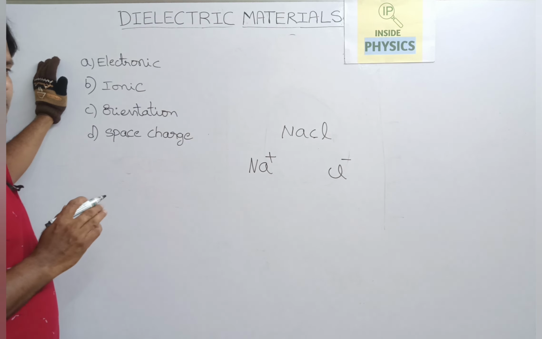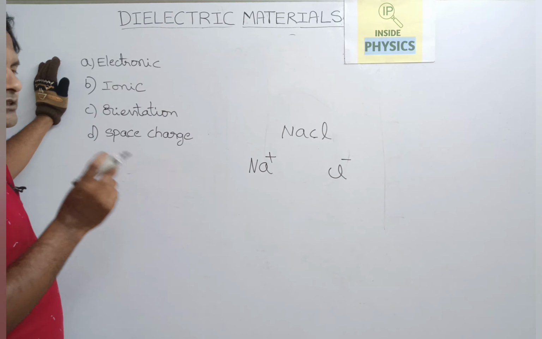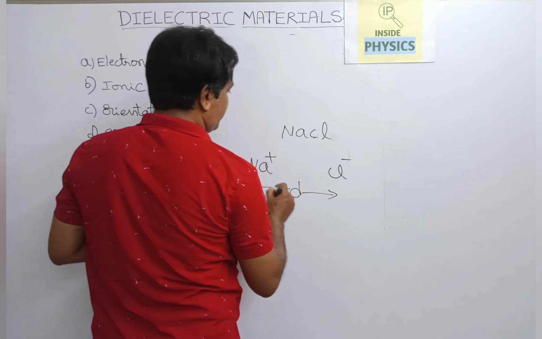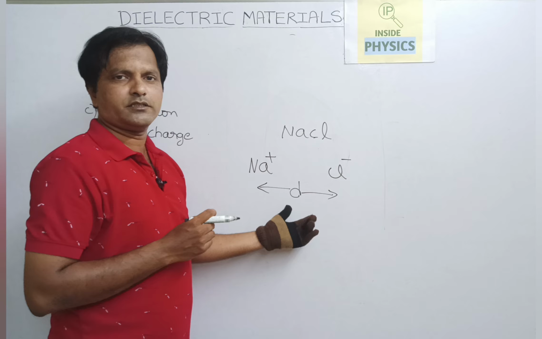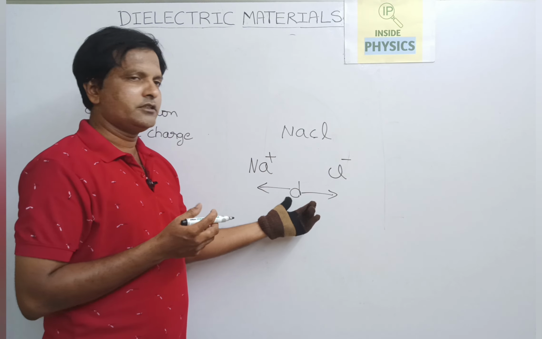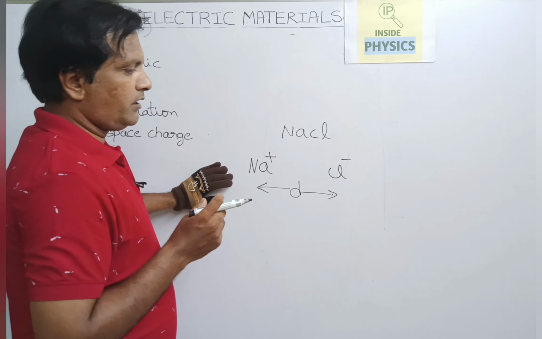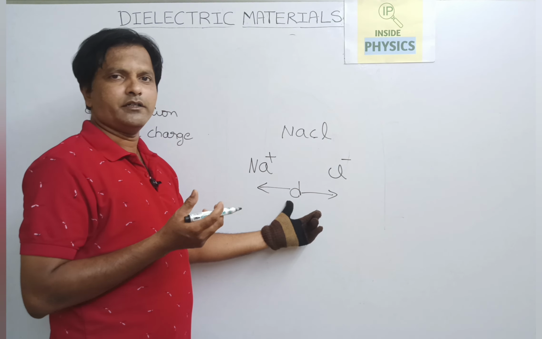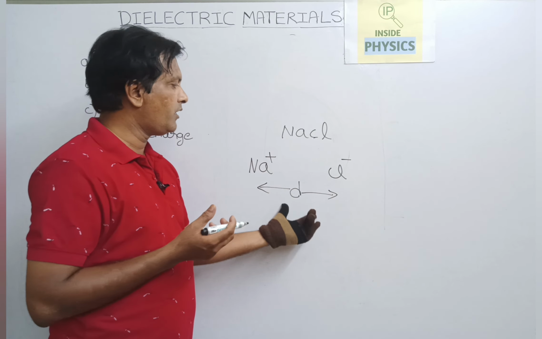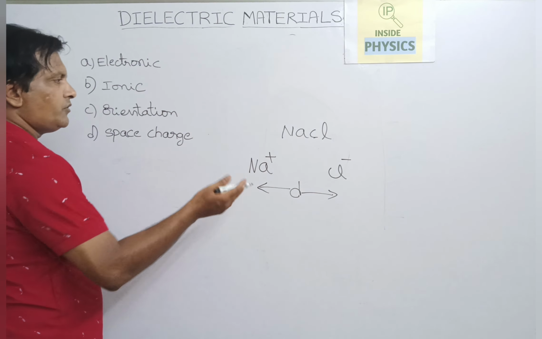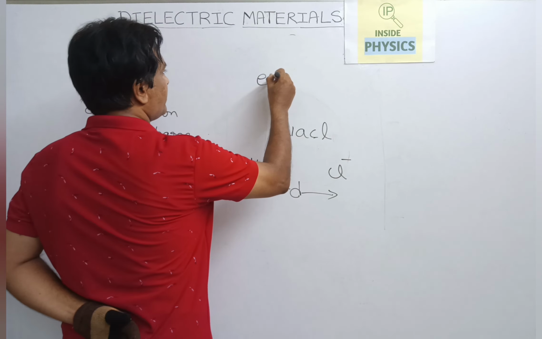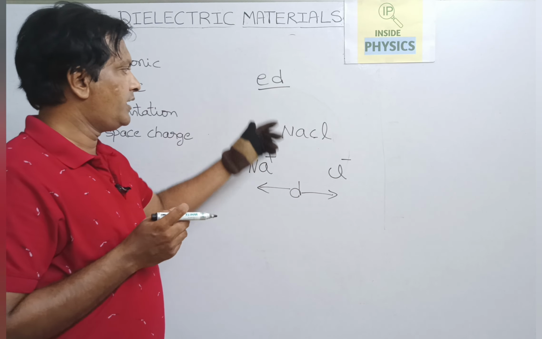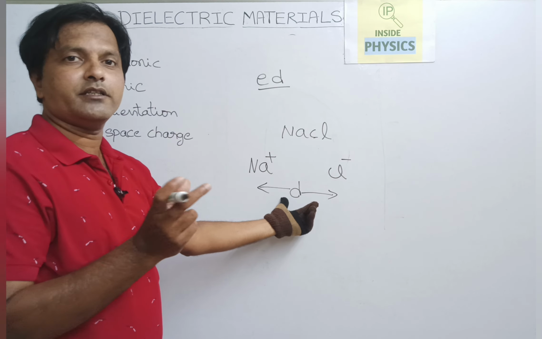Before applying an electric field, consider these two ions have a distance d between them, the interionic distance, small d. So the intrinsic dipole moment of this sodium and chlorine ion pair before applying the electric field can be taken as Ed, where E is the electron charge and d is the distance between the two ions.